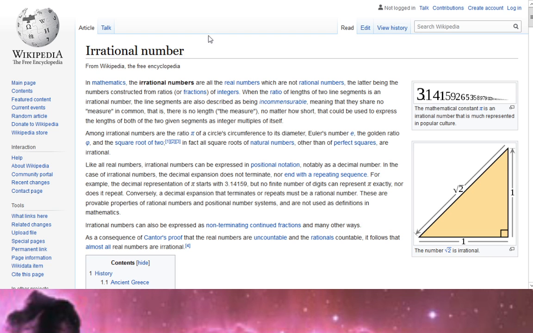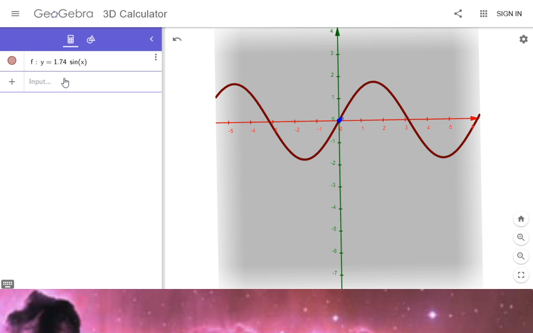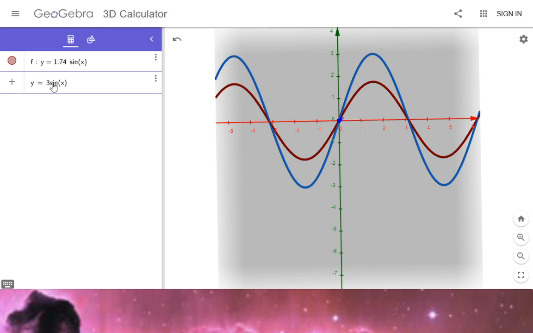If we were to do this, okay, let's do y equals x and see what, y equals 3 sine x.